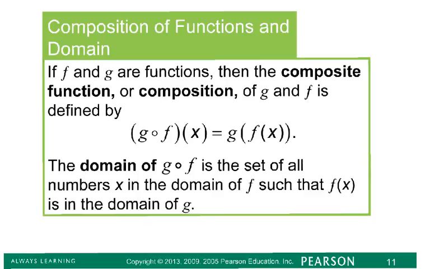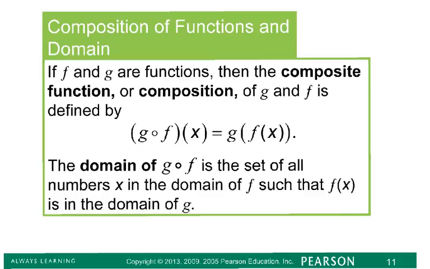Here is how we're going to determine composition of functions and their domains. Whenever we have this form right here and this little circle in the middle, what this means is we're composing two functions. We're putting two functions together, one inside the other.